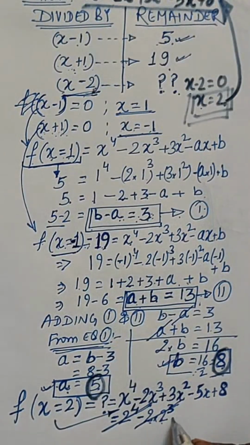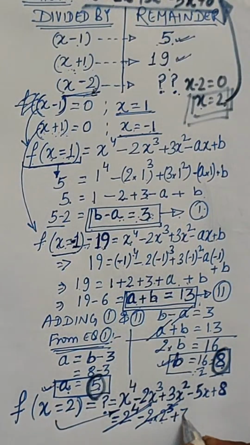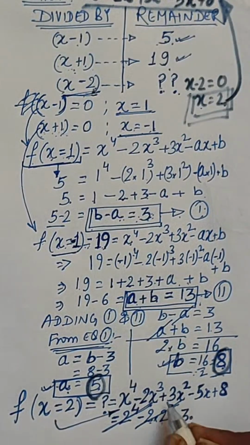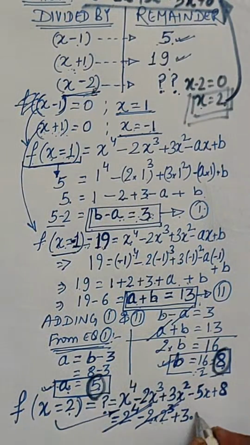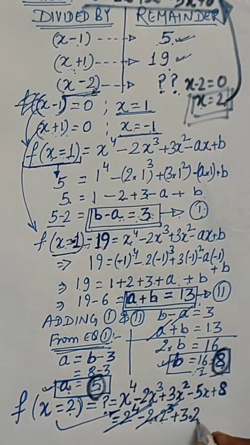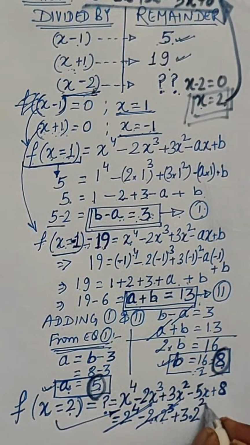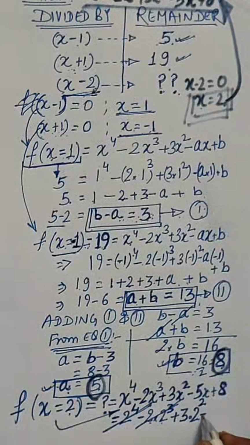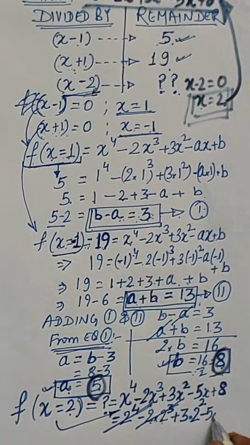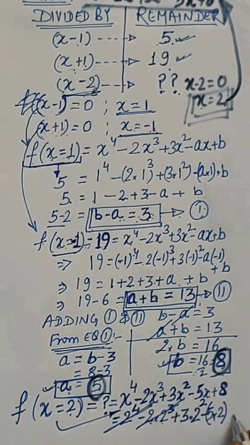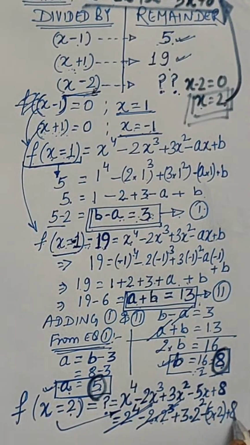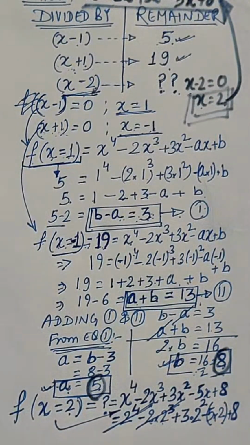Plus 3 into x square, with x equal to 2, because we are finding the remainder, so 3 into 2 square, minus 5 into 2, plus 8. This 8, the last term, was our b.